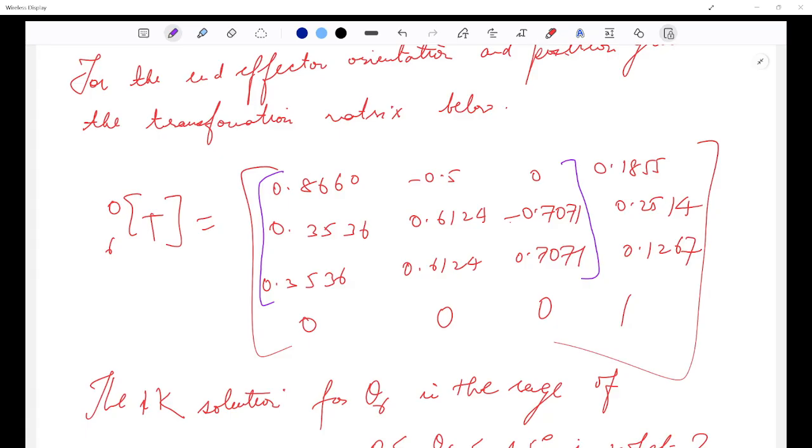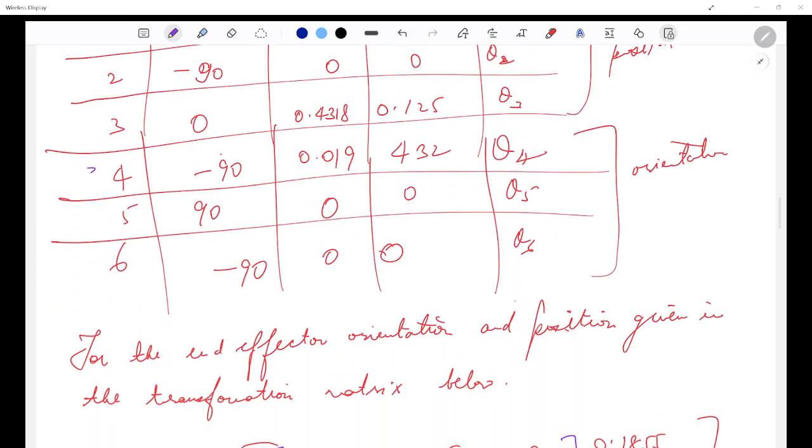So my question is, axes 4, 5, and 6 intersect in Puma, right? If you've seen the lecture, you would be familiar with this. 4, 5, and 6 intersect. That means position and orientation are decoupled here.